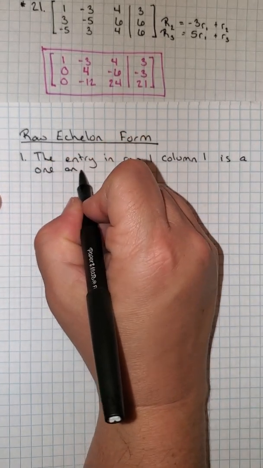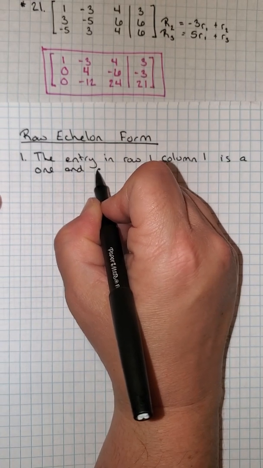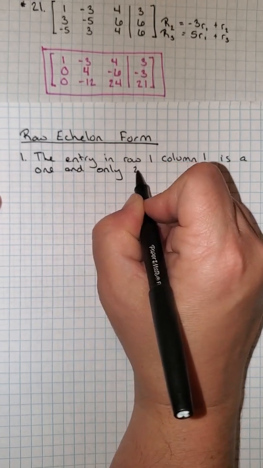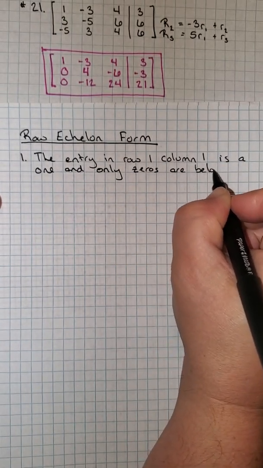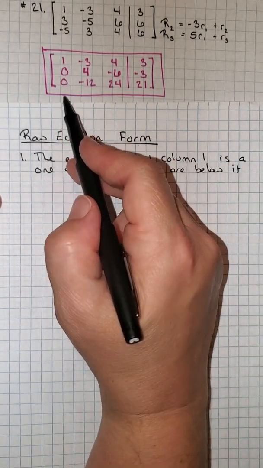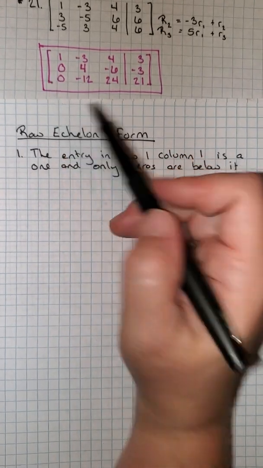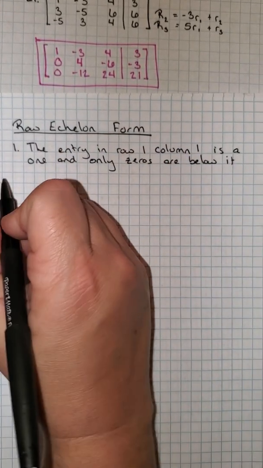And then you only have zeros below it. Okay, so like I said, this one was starting to get there. It had the 1, and then it had 2 zeros below it.